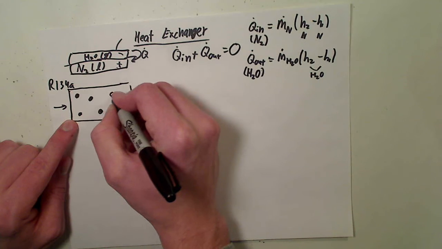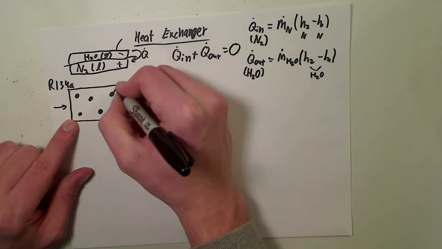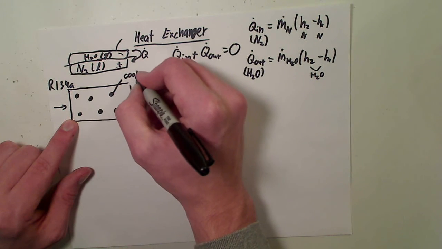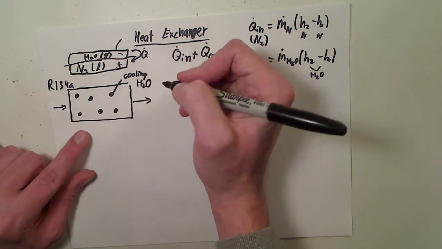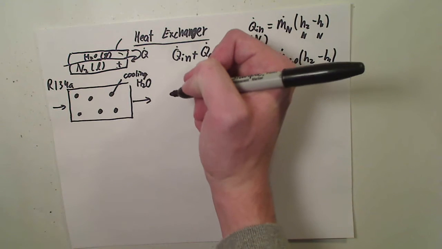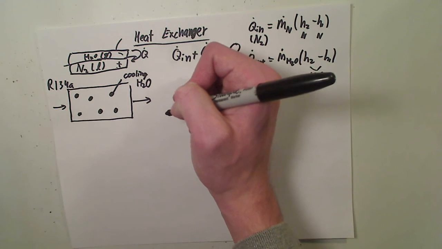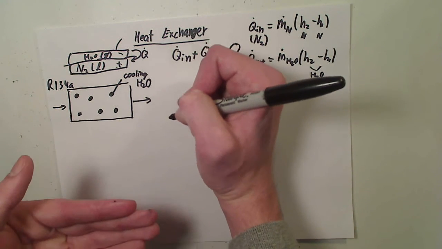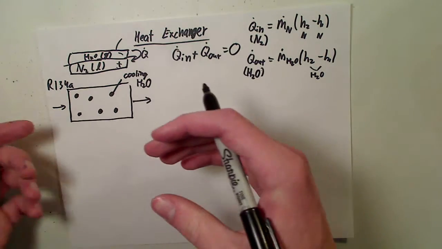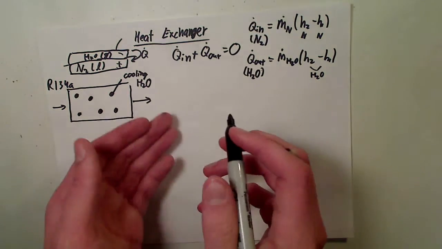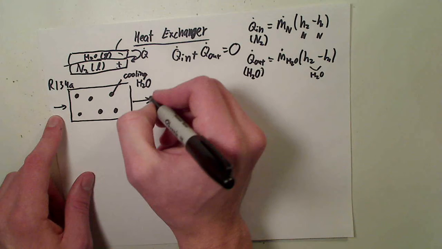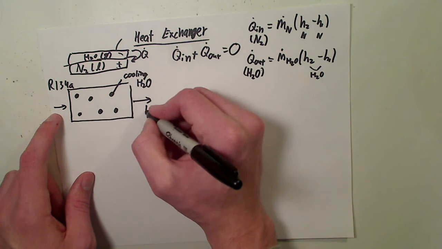More pipes. And in this is cooling water. So we have gaseous R134A running through these pipes, and then it's going to be flowing over cool pipes that have water flowing through them. And on the other side, it's going to come out as a liquid.